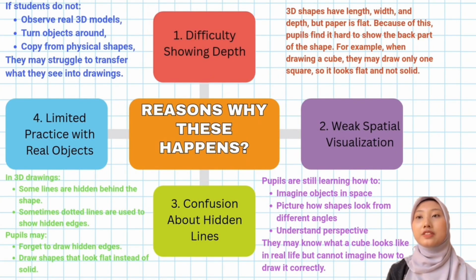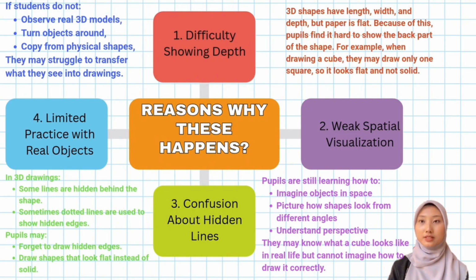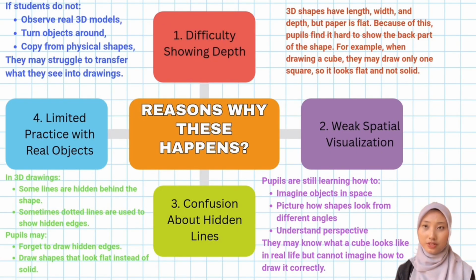There are several reasons why pupils have difficulty drawing three-dimensional shapes. First, pupils do not observe real 3D models. They are usually not given opportunities to turn objects around, copy from physical shapes, or explore real objects. Because of this, they may struggle to transfer what they see into drawings.